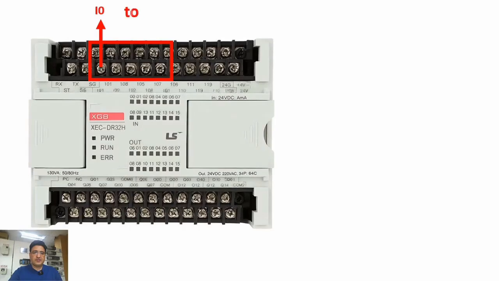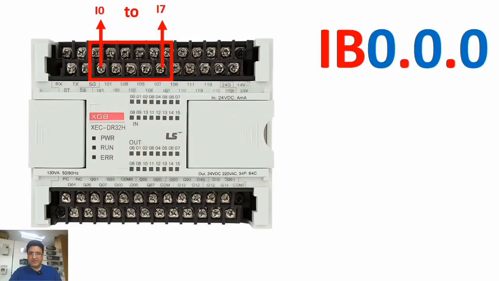Suppose we have connected various sensors to I0 through I7, which together make up a complete byte, and we want to read the values of these 8 distinct inputs all at once. So the method by which we address these is as follows.